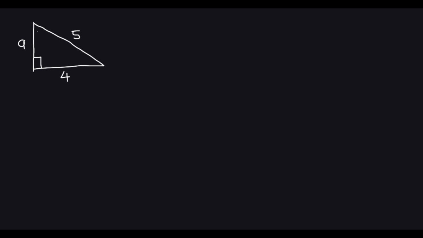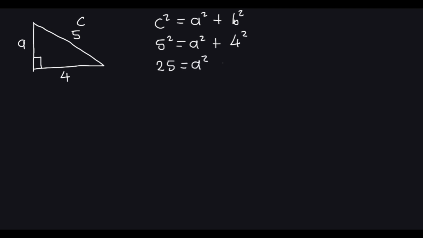So if we want to put this into practice, we can say this is our C. So C squared is equal to A squared plus B squared. So C squared, 5 squared, is equal to A squared plus 4 squared. 5 squared is 25 is equal to A squared plus 4 squared is 16.